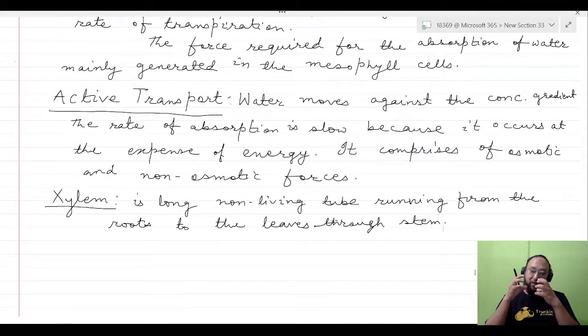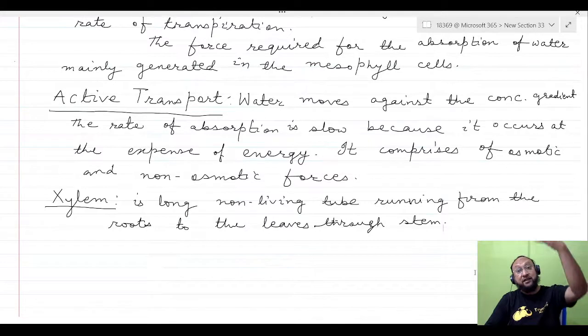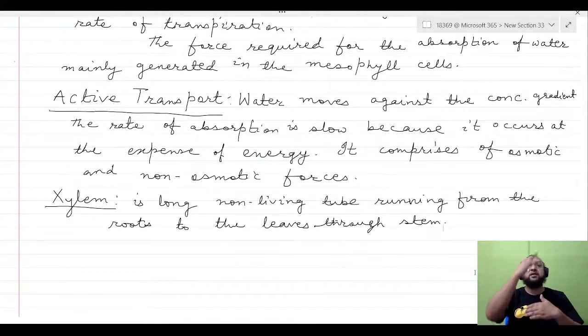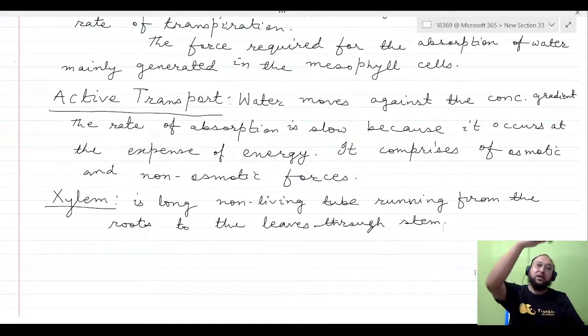When water is absorbed from the soil by the root hair cells, that water molecule is passed on to another cell, and then that cell passes it on to the adjacent cell, and the next cell. In this way, the water molecule is passed on continuously, one by one, to all the different parts of the plant body.